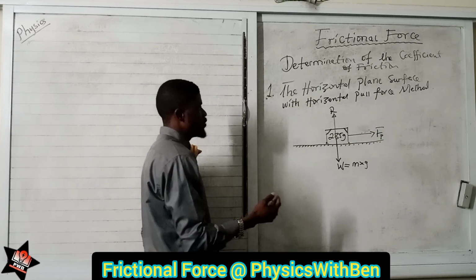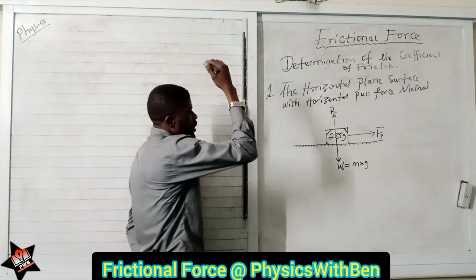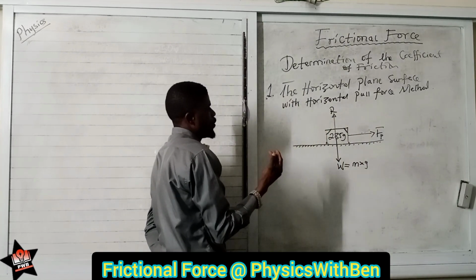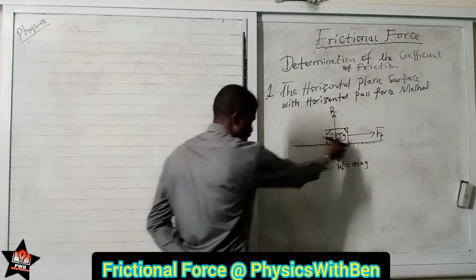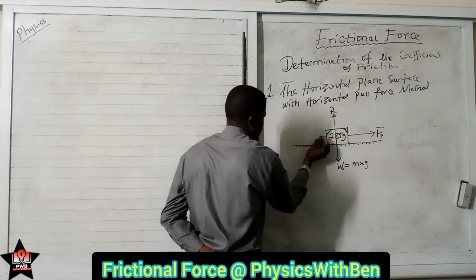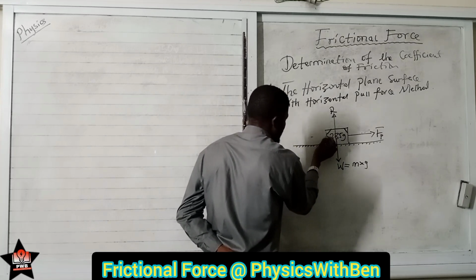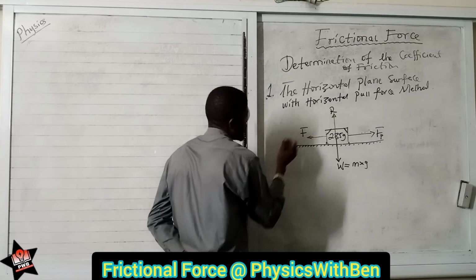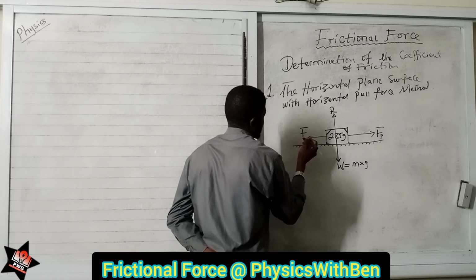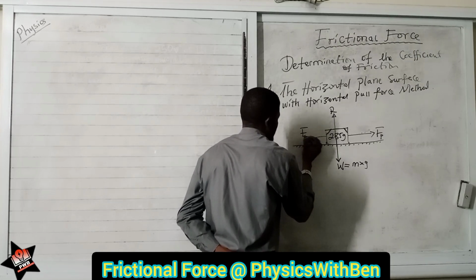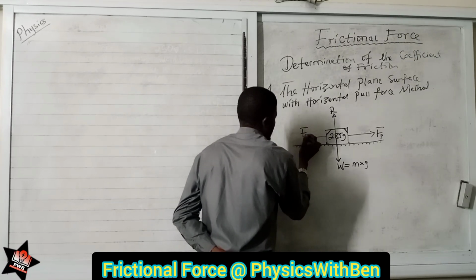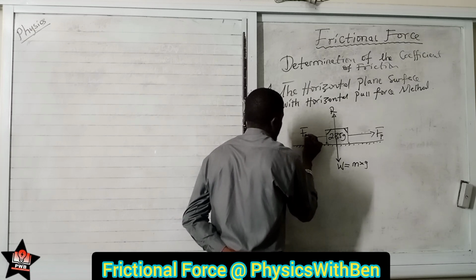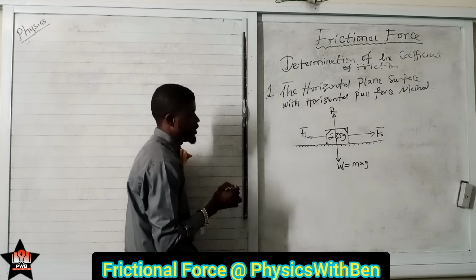So as I was saying from the intro of the class, if you pull this object this way, since frictional force is a force that opposes motion, the frictional force will act backward. So I write F subscript F here, my frictional force.